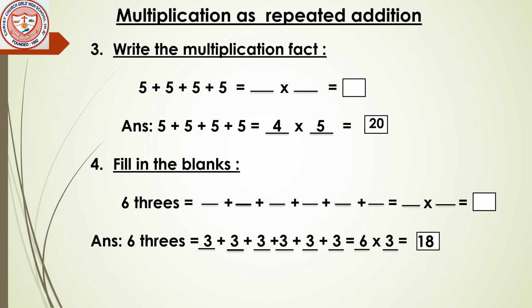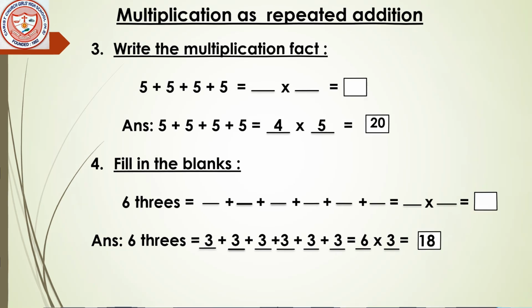So the answer will be 6 threes is equal to 3 plus 3 plus 3 plus 3 plus 3 plus 3 is equal to 6 into 3 is equal to 18. Now you have to solve this kind of problems like this. Okay.